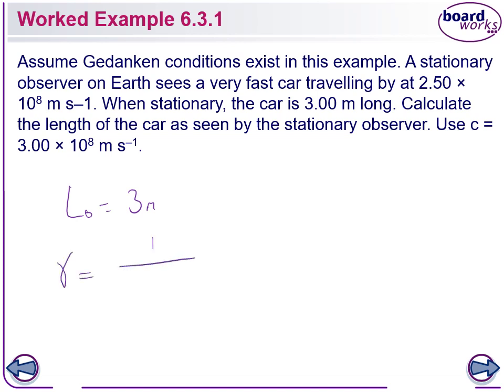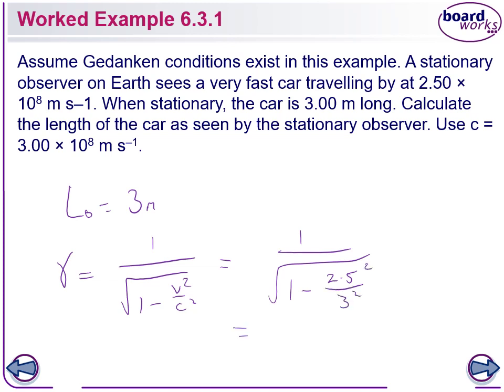So 1 over square root of 1 minus v squared on c squared, which is going to be 1 over square root of 1 minus, now remember if they're both 10 to the 8 we don't need to put those in, 2.5 squared over 3 squared.